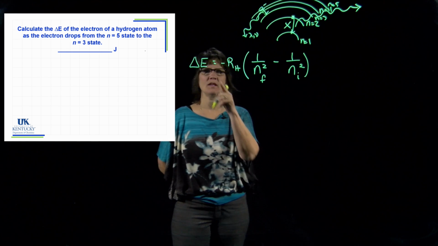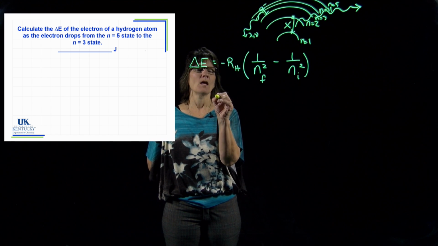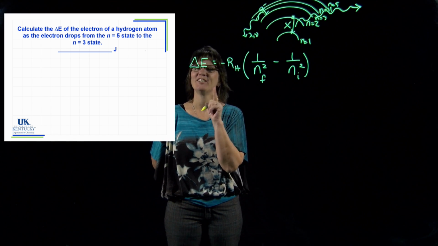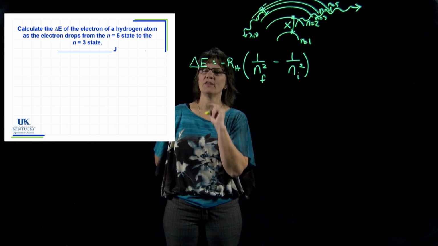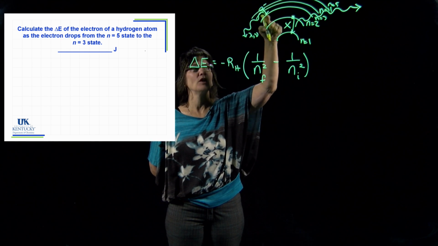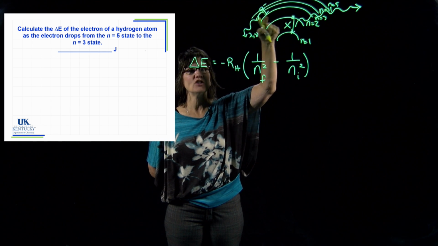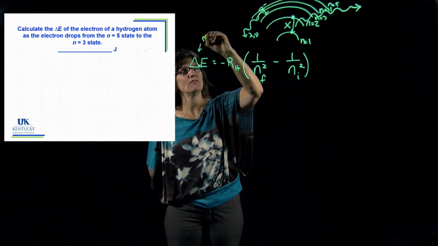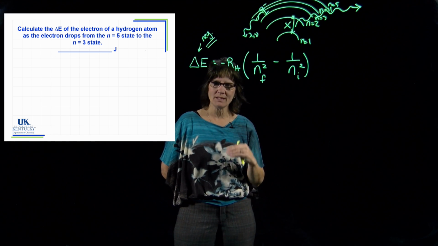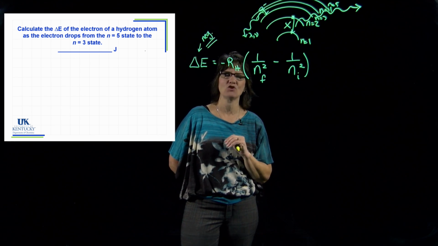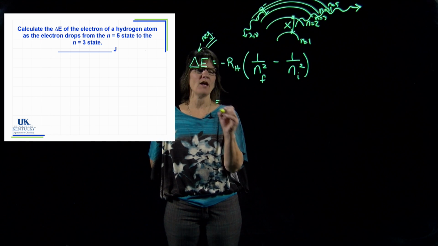There's my equation. It gives me the energy of the photon. No, it does, but I don't want to say that yet. It gives me the change in energy of the electron. The electron is moving closer. It's losing energy. This will be a negative value if all's right with the world. It should be, because when an electron is going down, it's losing energy. That's a negative change.